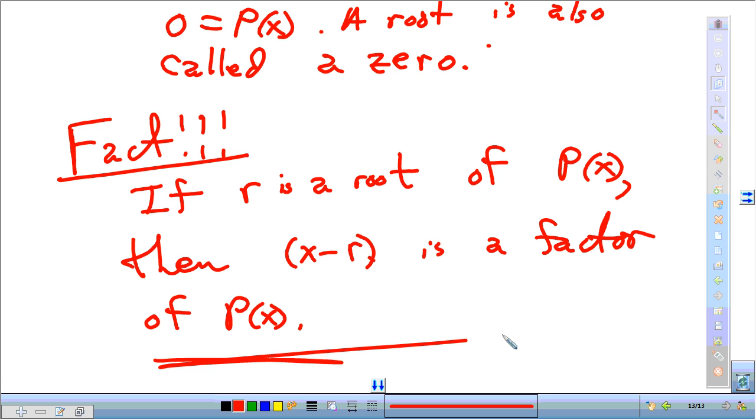So we're going to take advantage of that. Roots, or these solutions, are really just another way of looking at factoring.